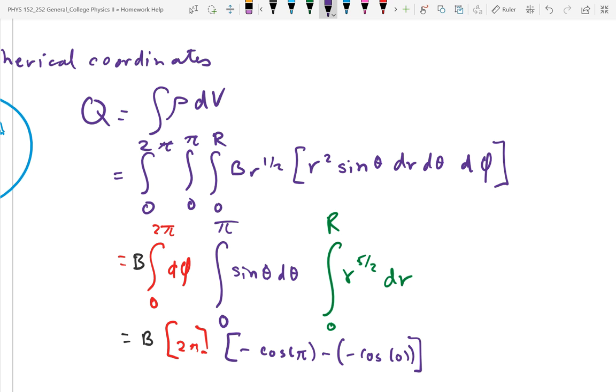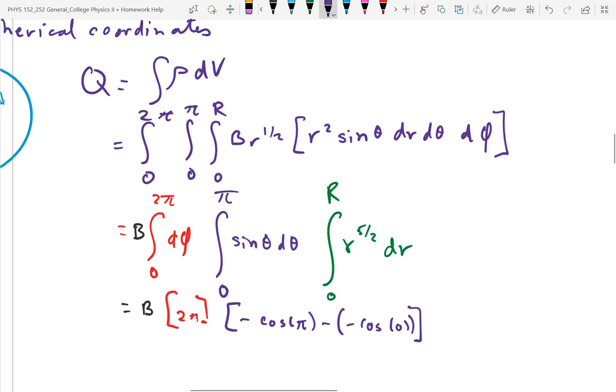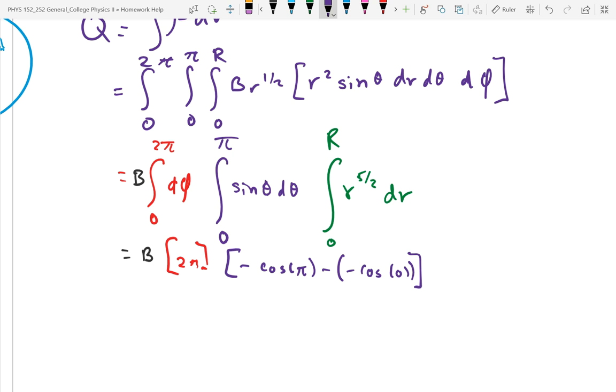Well, what's cosine of pi? Minus 1. Cosine of 0 is 1, so minus a minus 1 minus a 1 is 1 plus 1. So that's 2. Nice. And finally, we have the green one. Integral of r to the 5/2 is? Okay, you raise the power by 1 and divide by the new power.